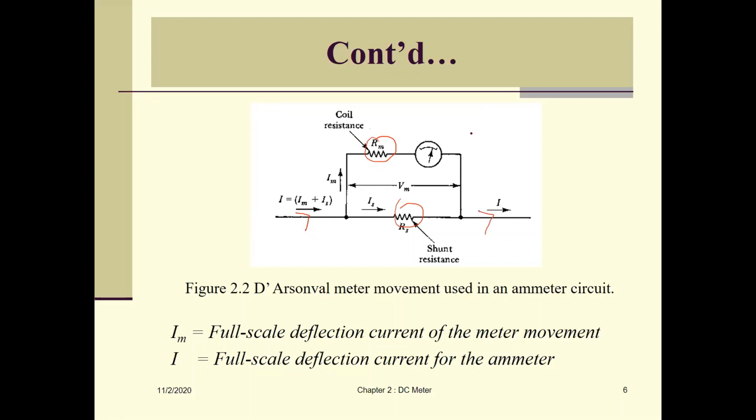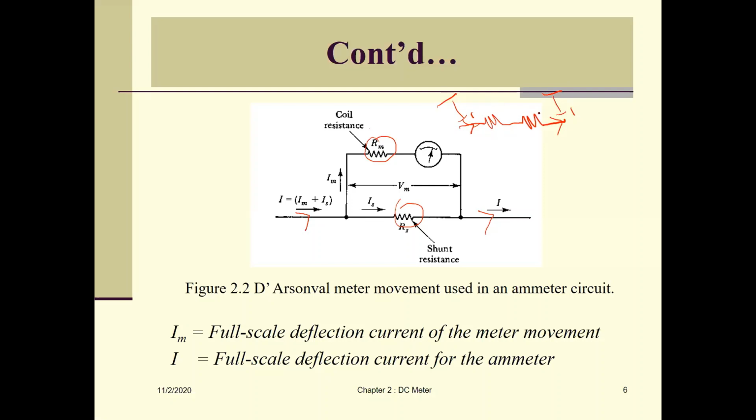In theory, the current in series will be the same. For example, we have a resistor here, and this is our current, current 1. So this is also current 1. Please remember this: the current in series will be the same.